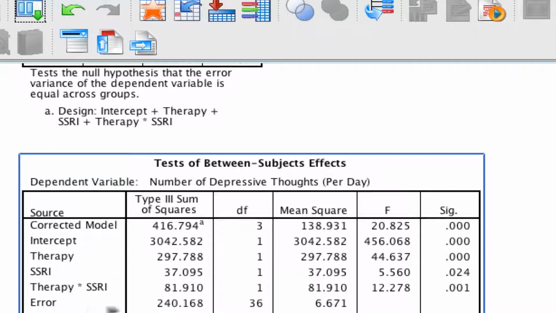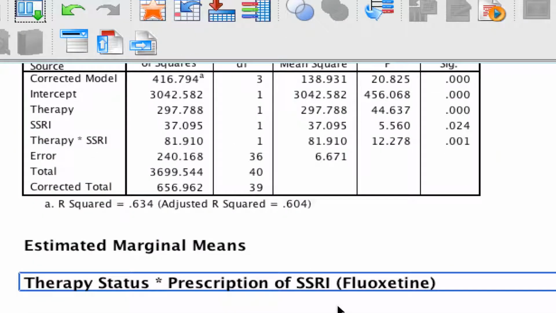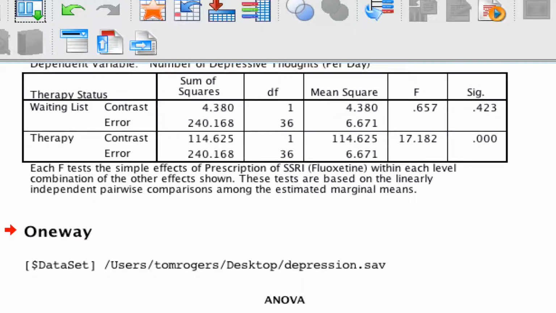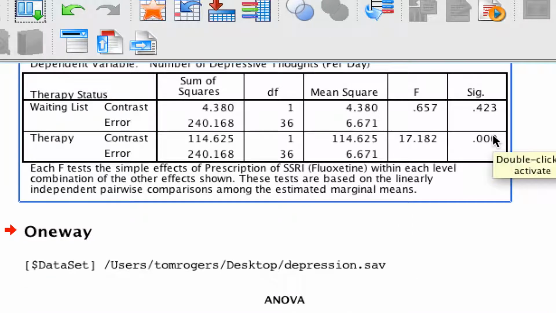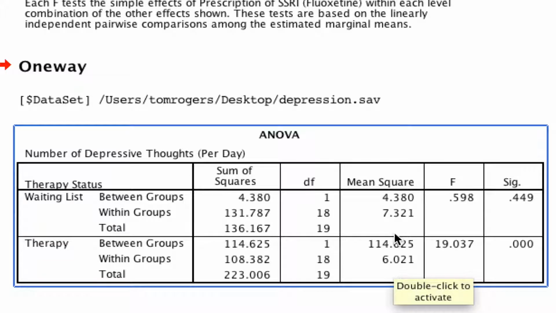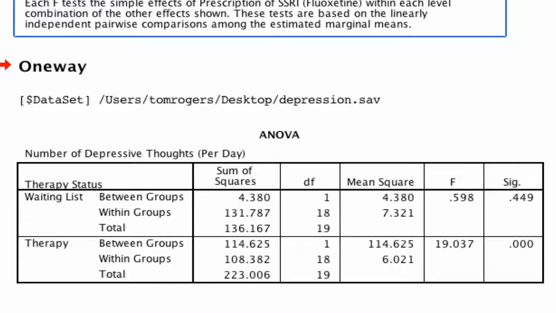We see error here, 6.671, and so that's the error term from the original model, and rather than being different like they are here, they are the same. What's the benefit of that?